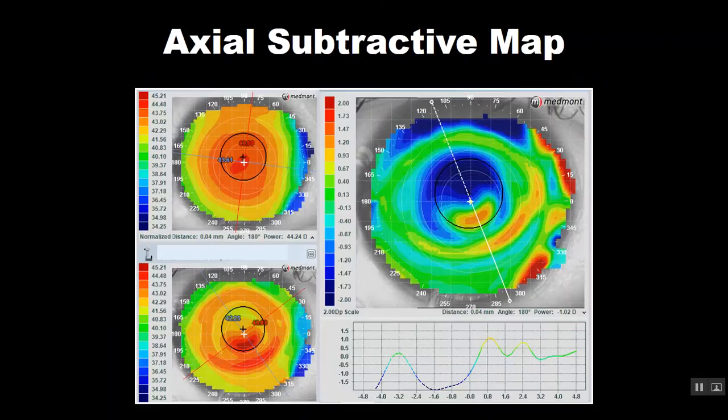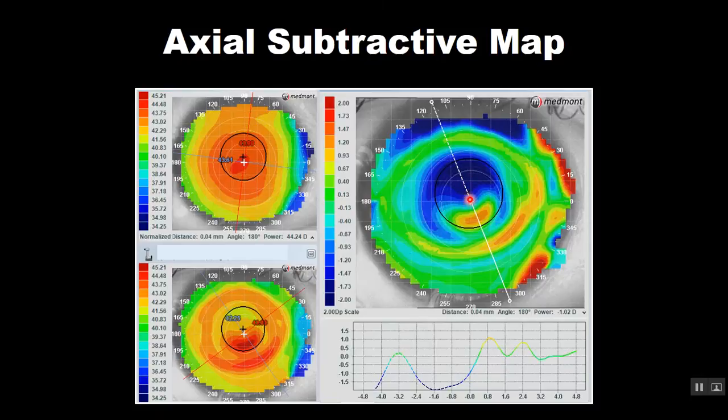Well, when we pull up a subtractive map, we see a central island. We also see a blue treatment zone that appears well centered, maybe arguably a little on the high side. So we're seeing two things at work here: a central island and a blue treatment zone that looks relatively well centered, maybe a smiley face, maybe a little bit on the high side.